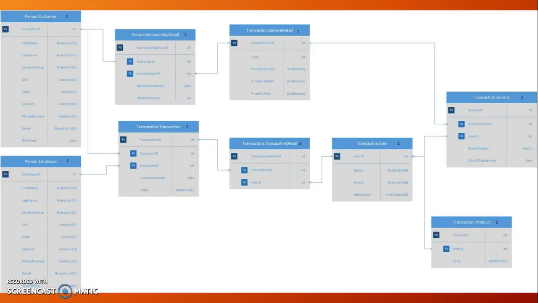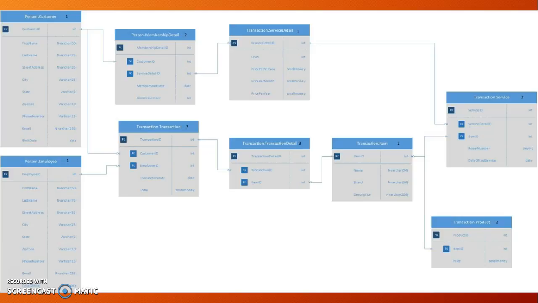I added in this item table after my initial creation of this database design because I had the service and product tables relating to my transaction detail table, which didn't work. I had service ID and product ID, and the reason that doesn't work is because that way I'm saying every time you do a transaction, you have to have purchased a service and a product.